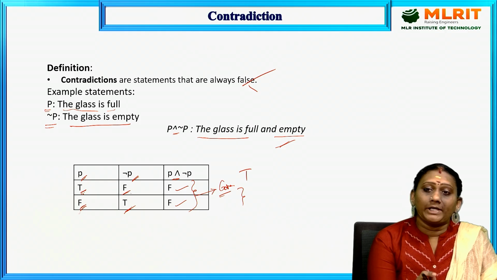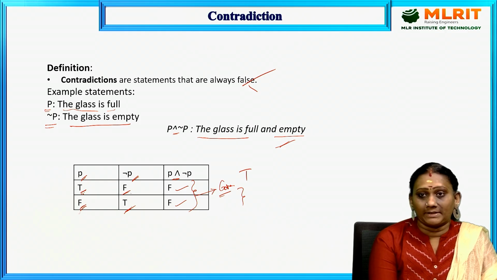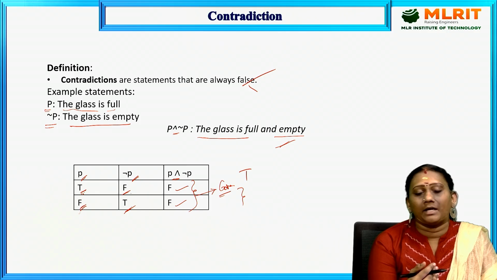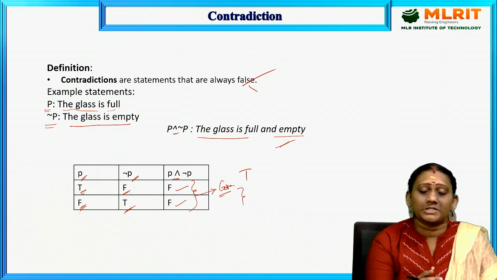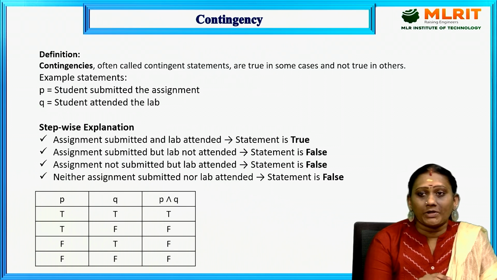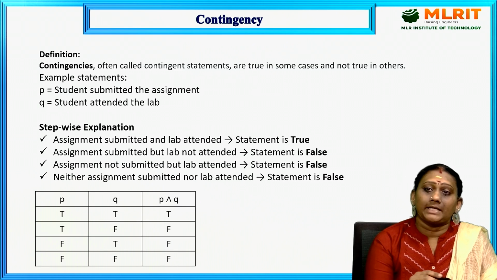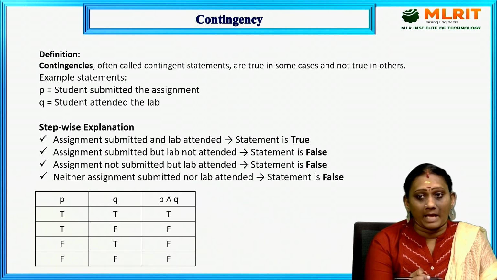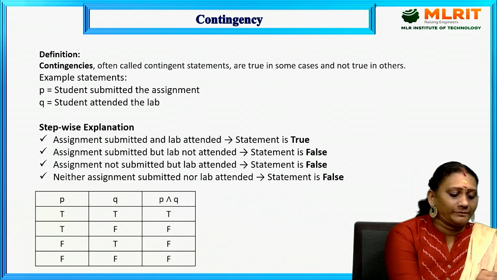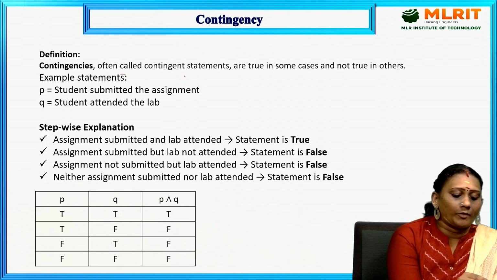I already told that there are 3 different types of logical conclusions. Two we have completed, and here we are going to go for the next type, that is contingency. Contingency means it is a mixture of both true and false. In the last column, it can be true and false. Then we call it a contingency.